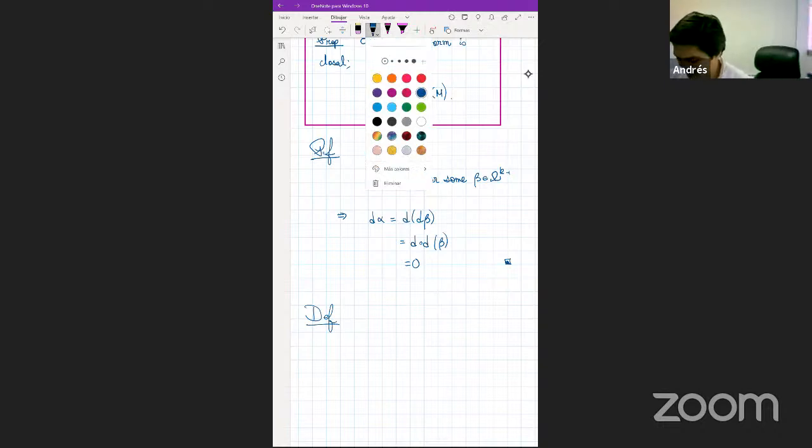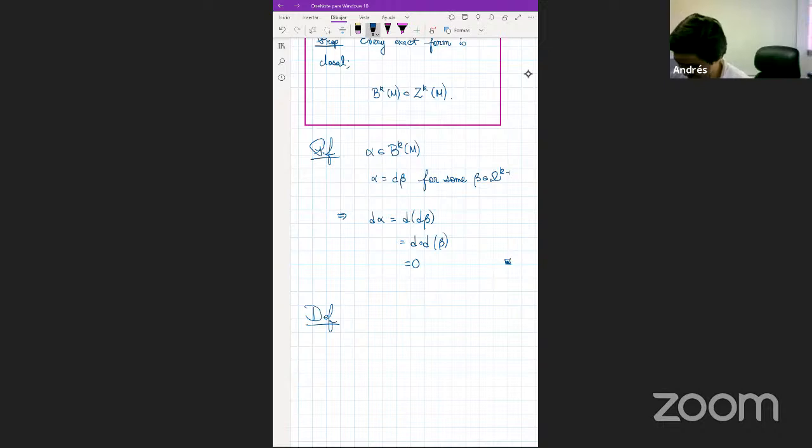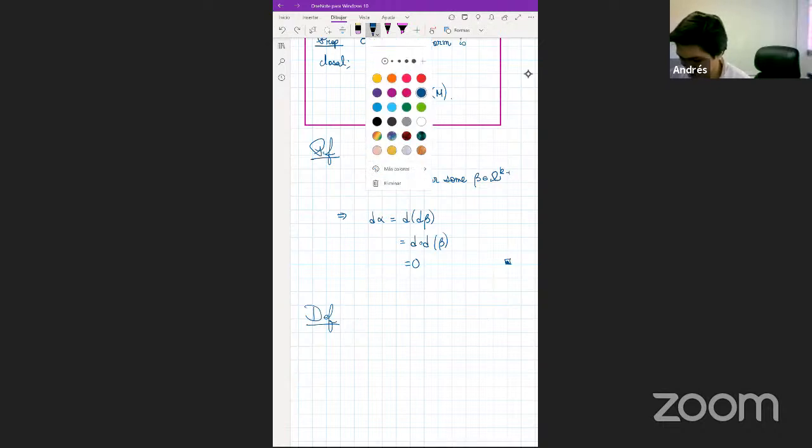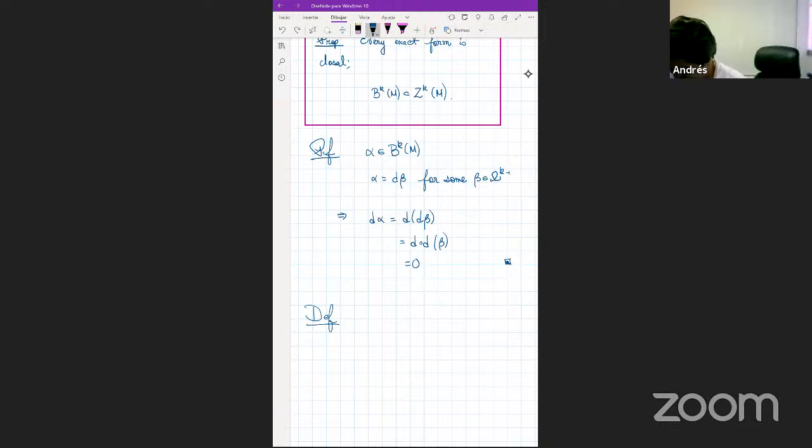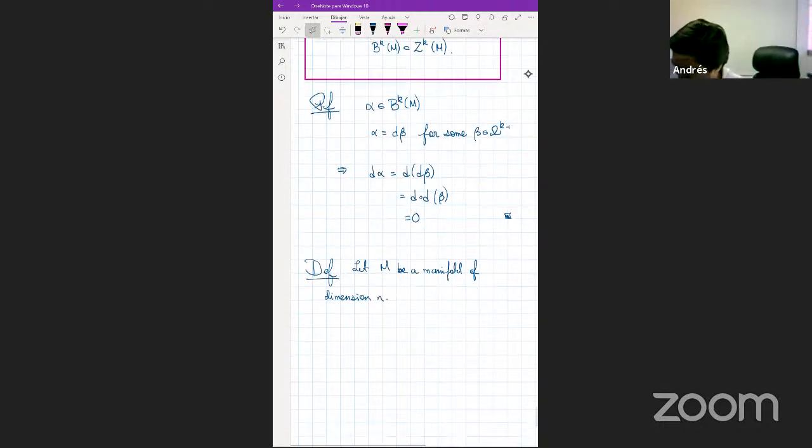And let's write this, and here we will end the class. So I have a manifold of dimension n.